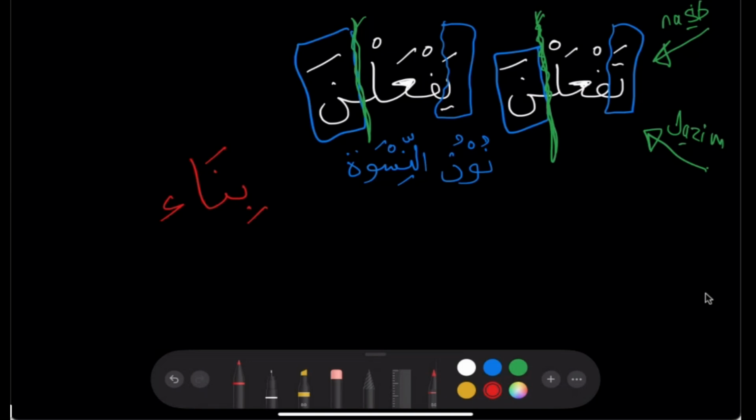So when a word in Arabic is mabni, when a word in Arabic has bina, then its ending is not going to change, no matter what influences it. So the summary of all of that is to say, when the noon of the women attaches to the back of the fi'l mudari', it's going to become in a state of bina. It's going to get stuck with a sukoon.